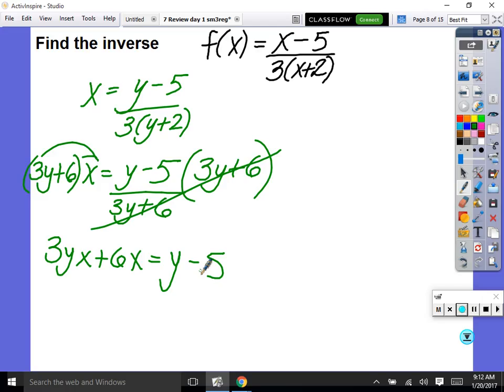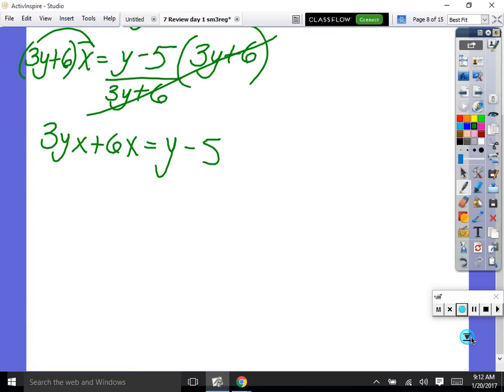What's our next step? Subtract 6x from both sides. So what you're doing is getting all the y's on one side and anything else on the other side. So we have 3yx equals negative 6x plus y minus 5.